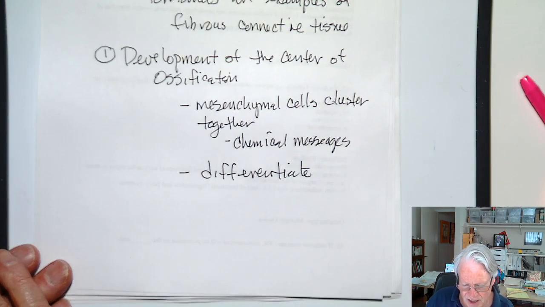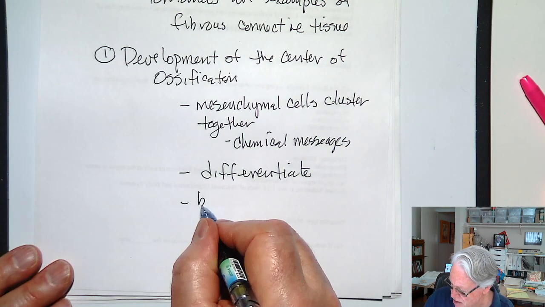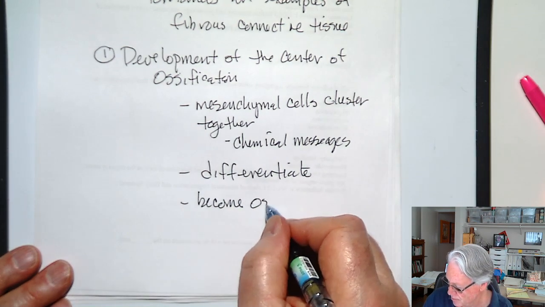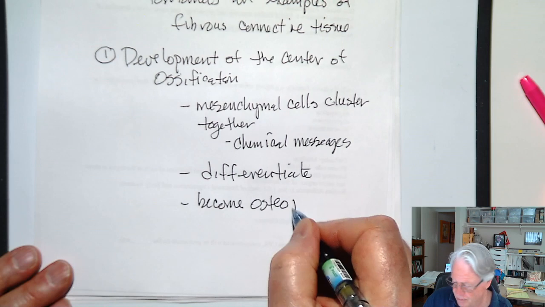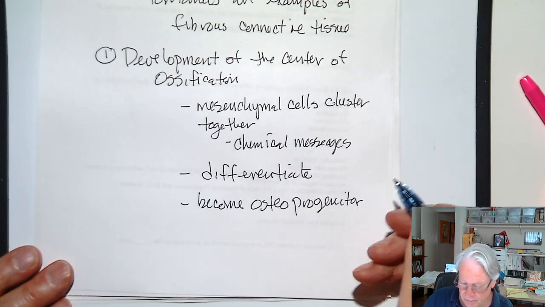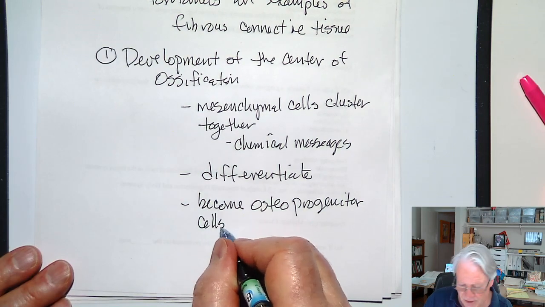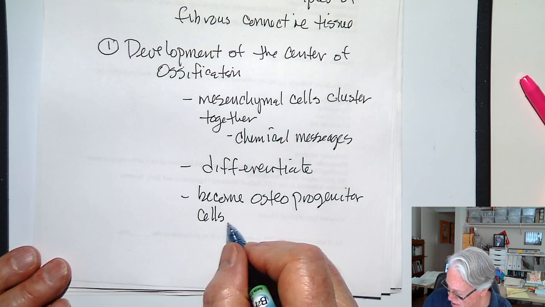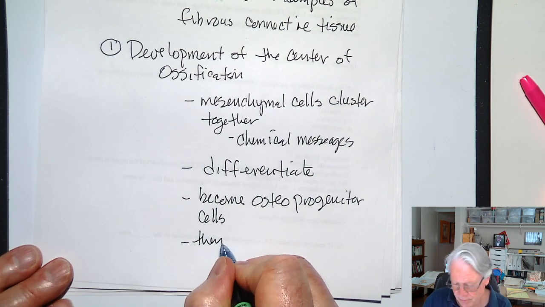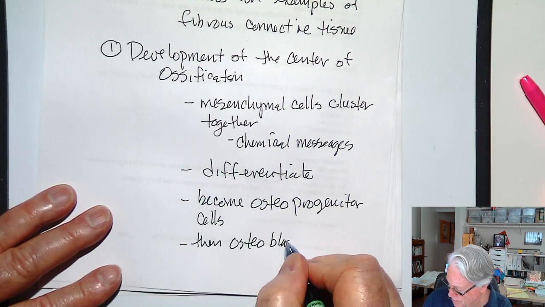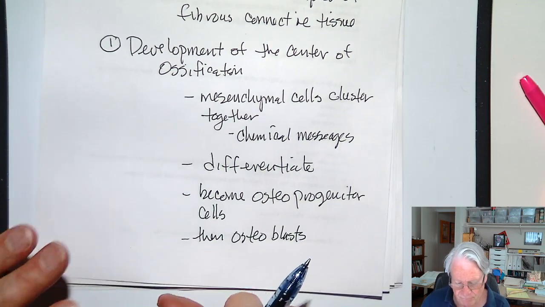So differentiation happens, and they become osteoprogenitor cells. Okay. Then they become osteoblasts. Okay.